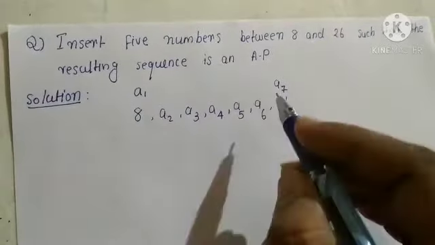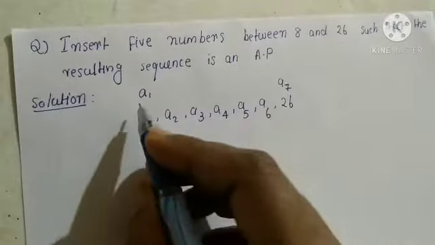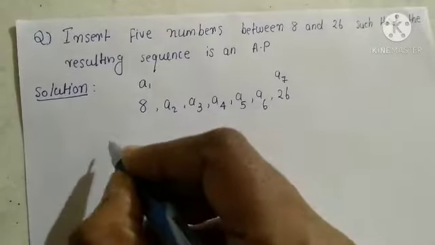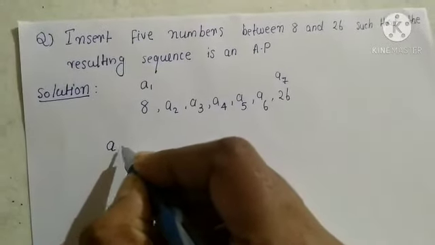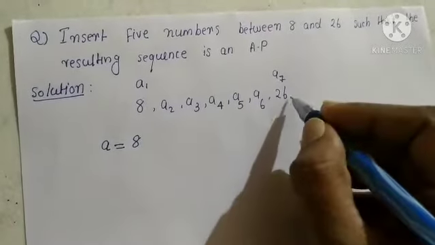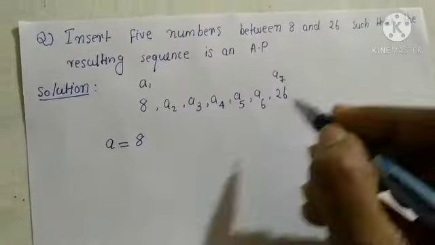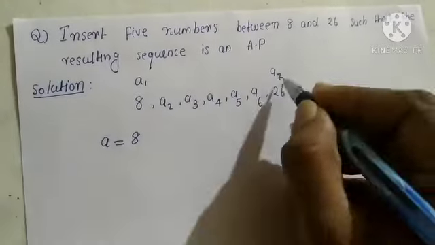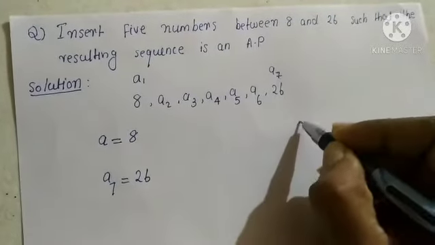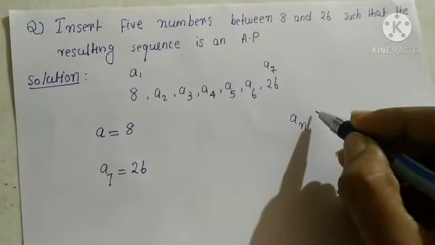From this sequence it is clear that the first term A is 8, and the last term is 26, that is A7 is equal to 26.